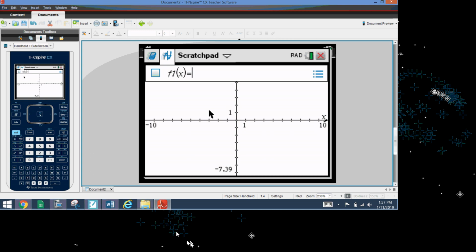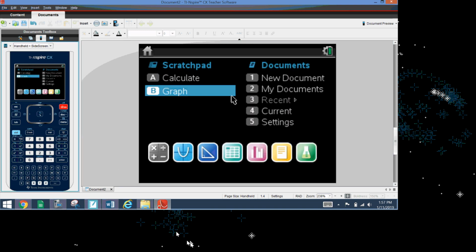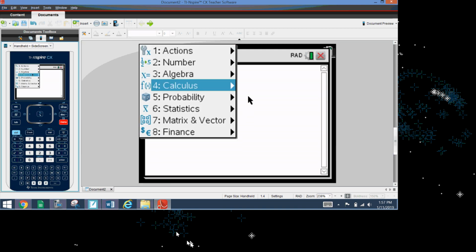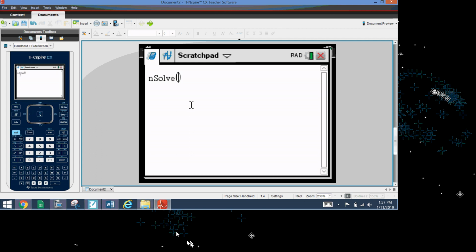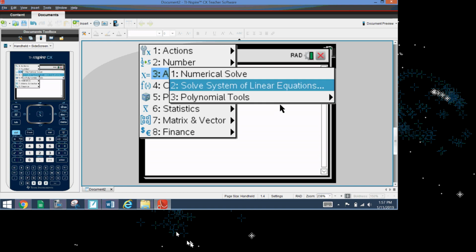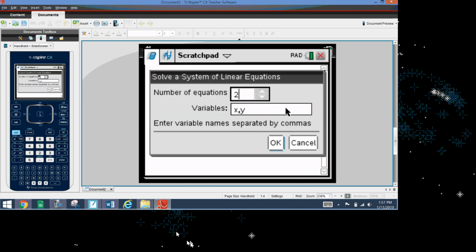Graph. Menu. Algebra. Systems of linear equations. How many variables do we have? Angelica, how many variables do we have? A, B, and C. We have 3 variables, and change those to A, B, C.